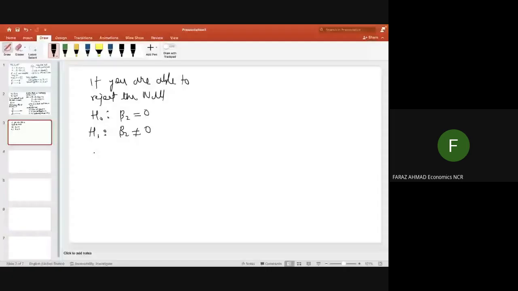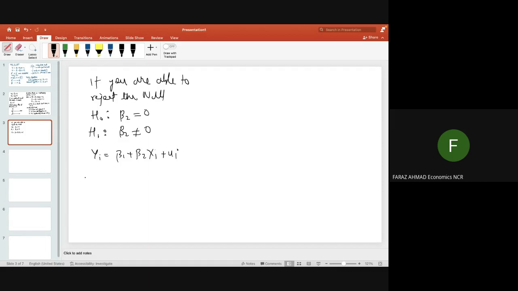That means your alternative is true. That means beta 2 is not 0, but it is something else. It may be a positive number, it may be a negative number. So in this regression, when beta 2 is not equal to 0, that means it will stay here.